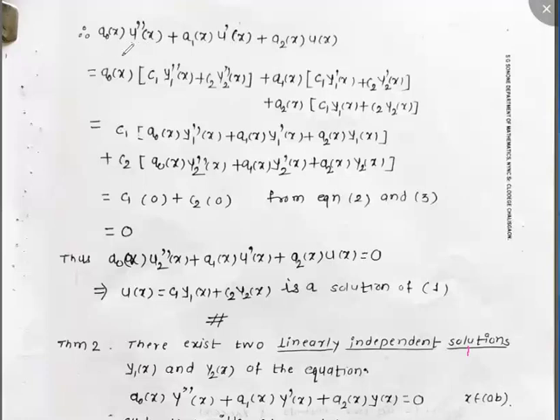a0(x) u''(x) + a1(x) u'(x) + a2(x) u(x) equals what? In the differential equation 1, a0(x) y''(x) + a1(x) y'(x) + a2(x) y = 0, we have replaced y by the function u(x).